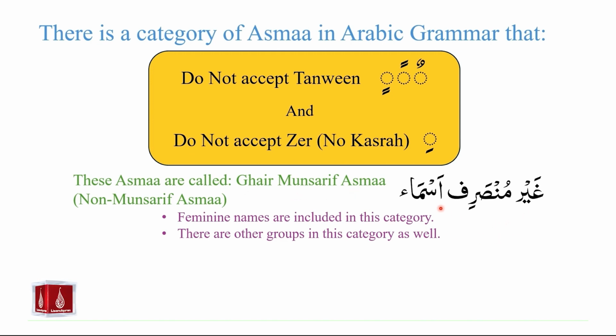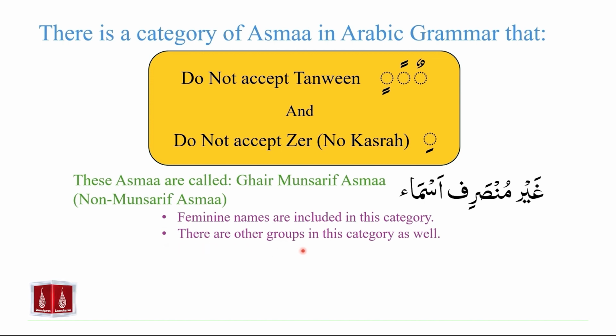Ghair munsarif asma. So we are learning a new terminology here, which is a category of asma in Arabic grammar that do not accept tanween and do not accept zair. Feminine names are included in this category, and they are just one example of the group.